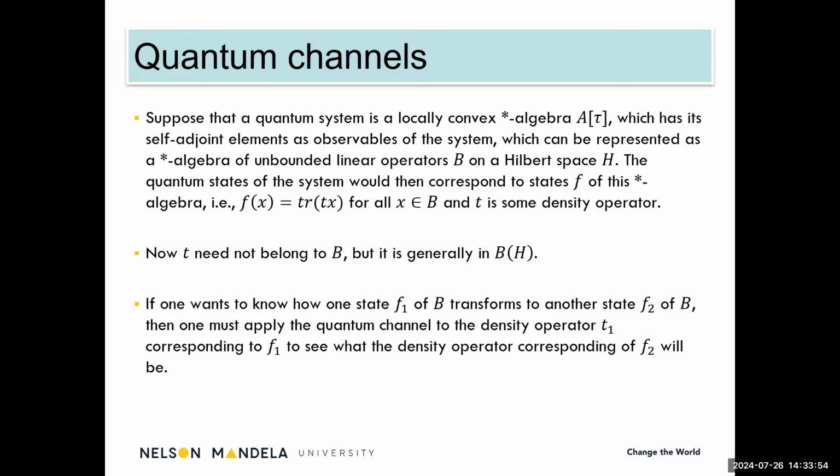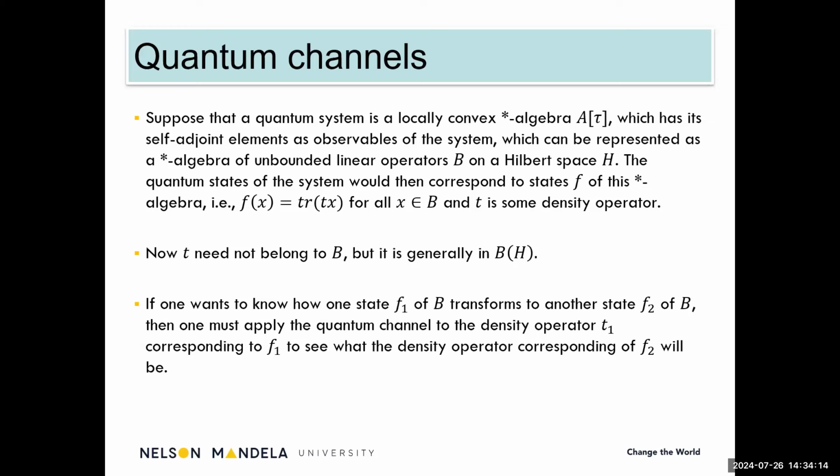So then if one wants to know how the state F1 of B transforms to another state F2 of B, then one must apply the quantum channel to the operator T1 corresponding to F1, say, to see what the density operator of F2 will be. That's what it will have to be.